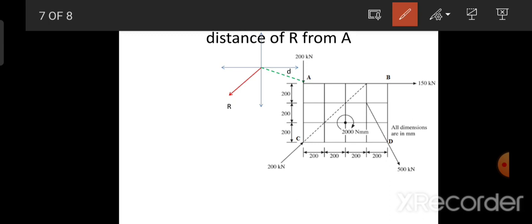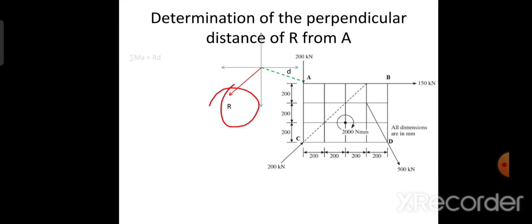On sigma H and sigma V, the resultant is over here. If it is represented, d is the perpendicular distance with reference to the resultant, and that d can be calculated as moment equal to the summation of the resultant and its perpendicular distance.